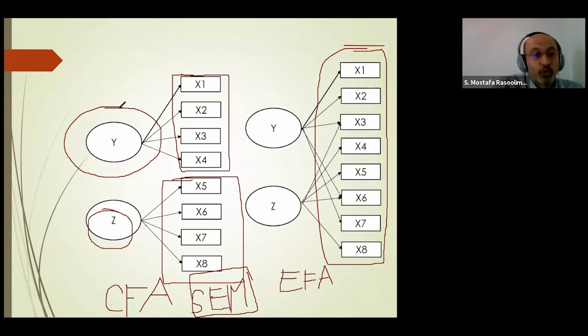So you don't need to run EFA, and performing EFA is not meaningful because you already know what items belong to what construct. In this case, you have to run CFA, confirmatory factor analysis, to confirm the belonging of these items, the association of these items to each construct, to loyalty, to satisfaction, and to image, right? So this is the main difference between CFA and EFA.